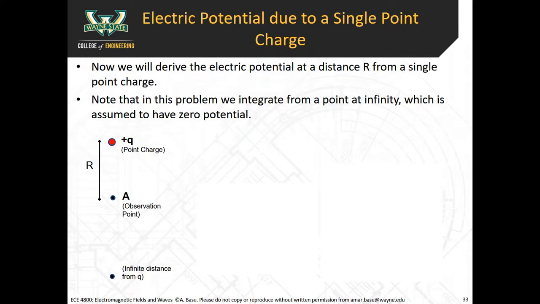But this time, imagine that we have a point charge Q here. This is your observation point A. We want to find the potential at point A due to this point charge.